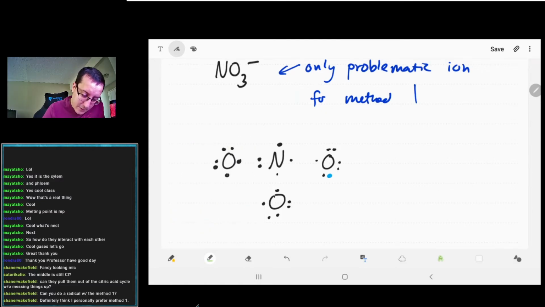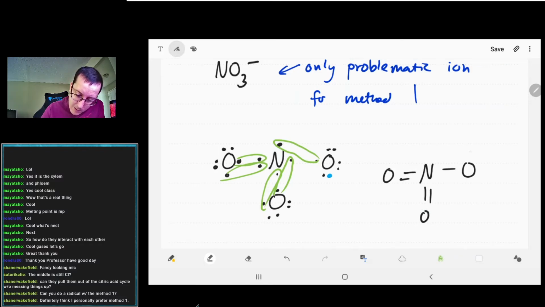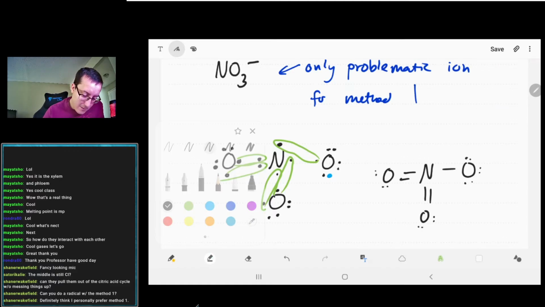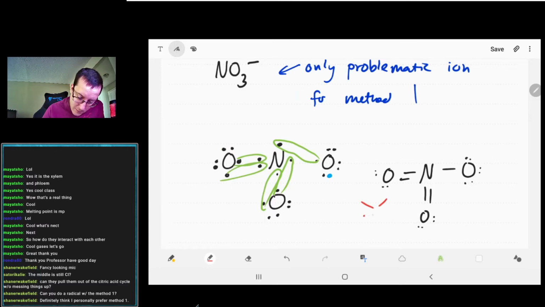If we go ahead and do this, we'll get the following structure. However, we have done something naughty here. Anybody have any idea what we've done that's not allowed?